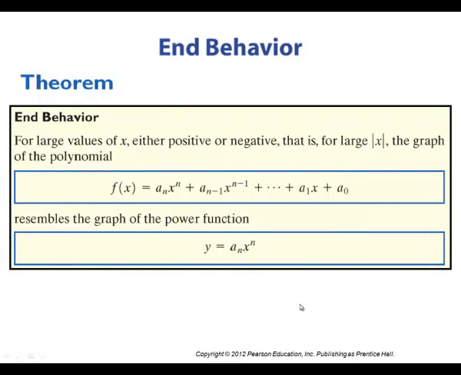Okay, for large values of x, either positive or negative, look at the graph of a polynomial for a large absolute value of x. Okay, here we have a polynomial. And so this would be similar to saying something like 5x to the 7th plus 3x to the 6th plus 5x to the 4th, and so on down to like 3.